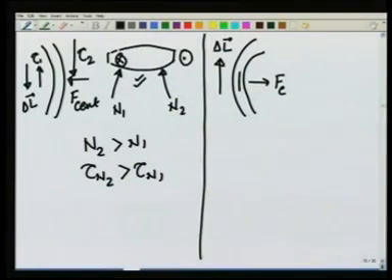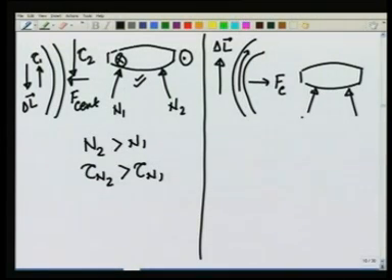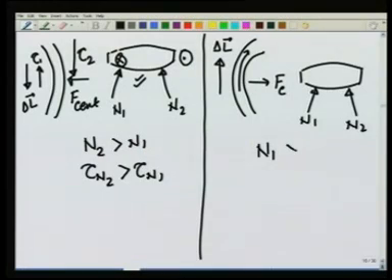Let us see what happens when it is negotiating a curve going to the right. In this case, again making the normal reactions N1 and N2, we see that F centripetal is to the right, and therefore N1 should be greater than N2, and that means torque N1 is also greater than torque due to N2.